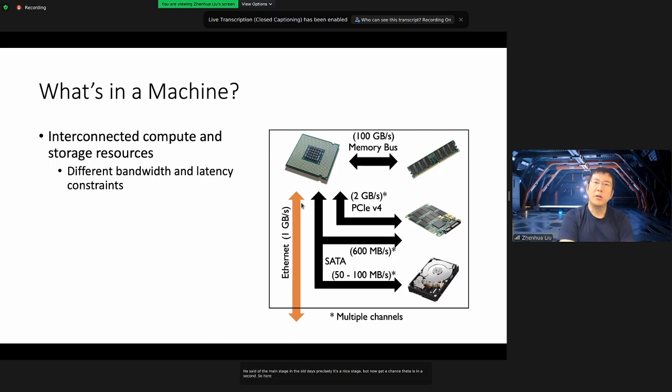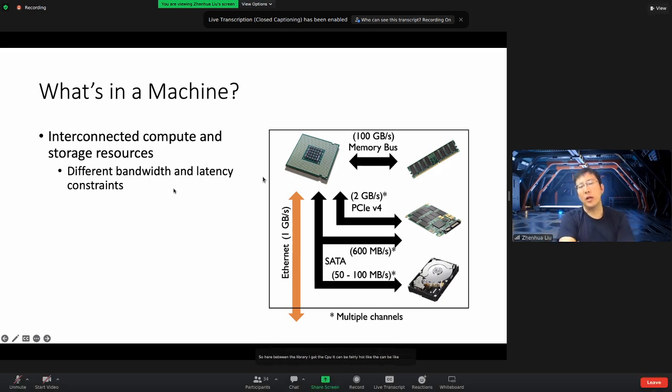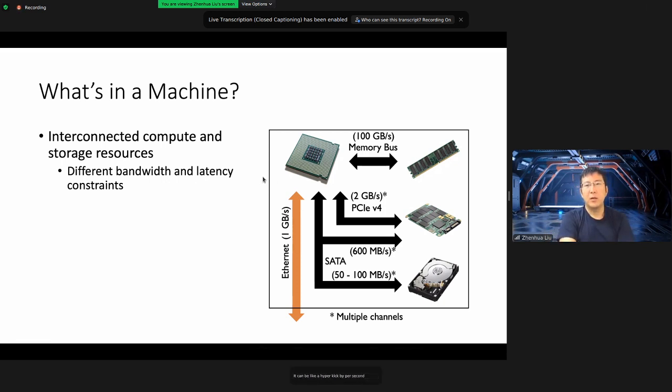So here, between the memory and the CPU, the speed can be fairly high, like 100 gigabytes per second. But if you use an SSD, that is much slower. If you go to a traditional hard drive, that is even slower.